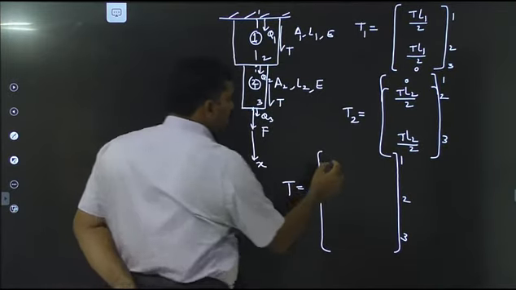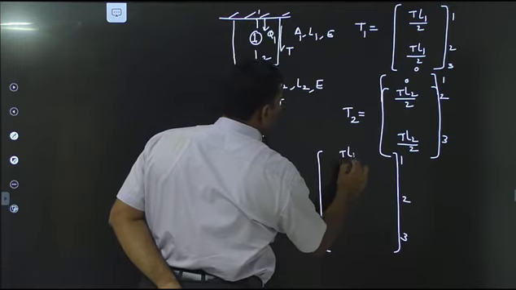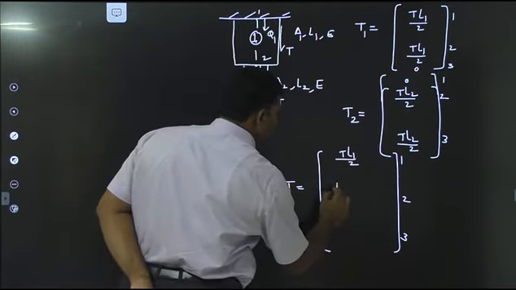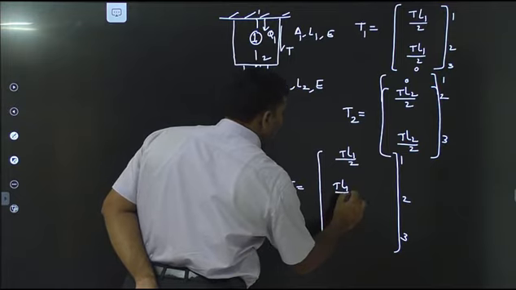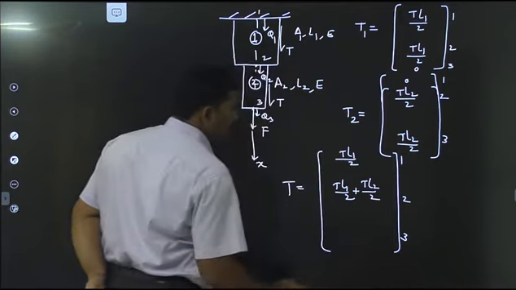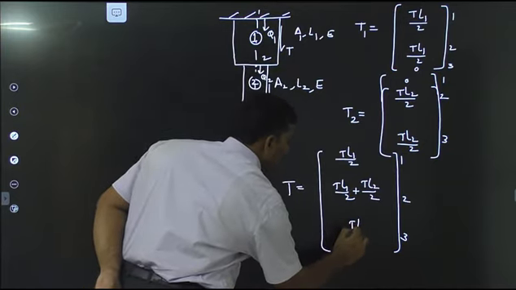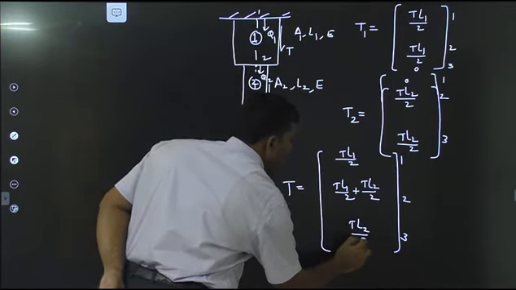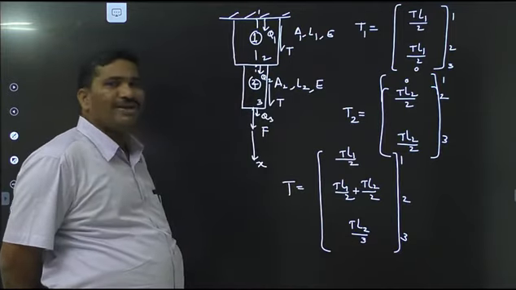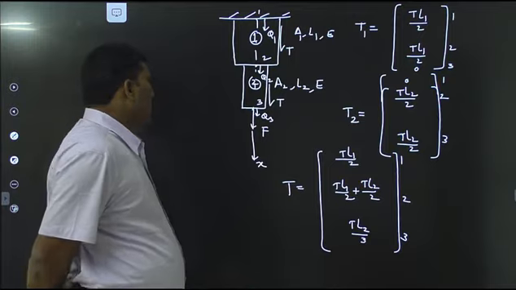Then what do you get? Here you get T L1 by 2, and next T L1 by 2 plus T L2 by 2, next here T L2 by 2. This is the global traction vector.